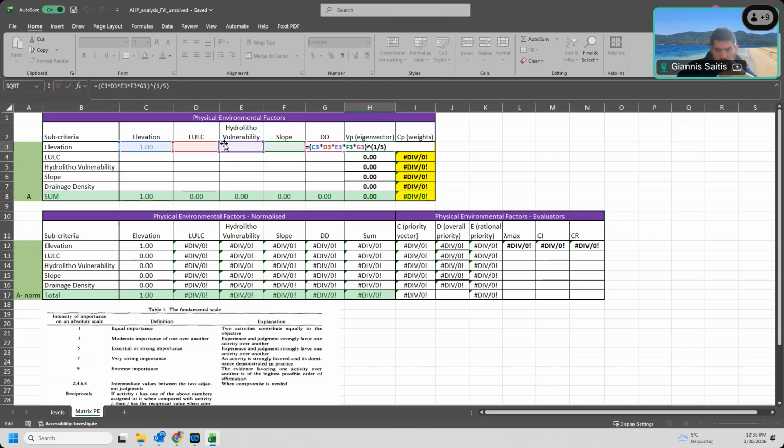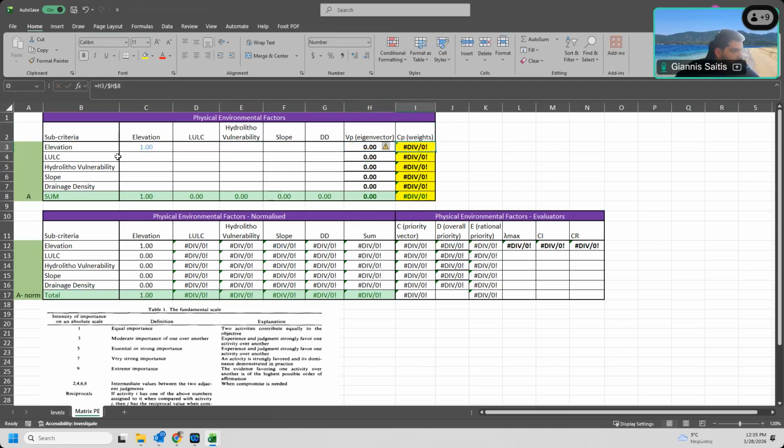This is how the eigenvector is calculated in algebra. So you can put it like that here in Excel and have the calculation done automatically. The weights are, as I mentioned, the division of each eigenvector per parameter to their total sum. So these are the weights that we want to use.